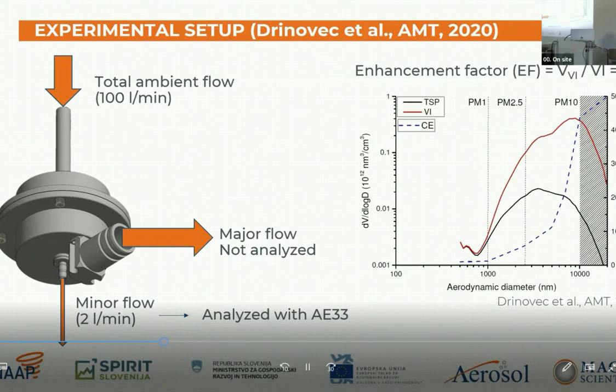But because the concentration efficiency is bigger for bigger aerosols, we could see that the peak of the volume size is shifted to bigger aerosols in the case of the inlet with the virtual impactor. We defined the enhancement factor, which is the multiplication factor that reflects the enrichment of the coarse fraction downstream of the VI. So the enhancement factor is the characteristic of our setup, and it was estimated to be equal to 11.